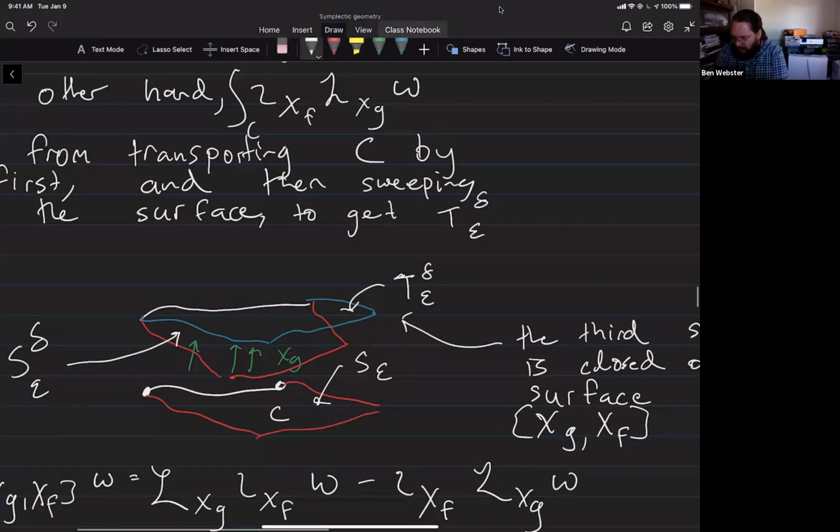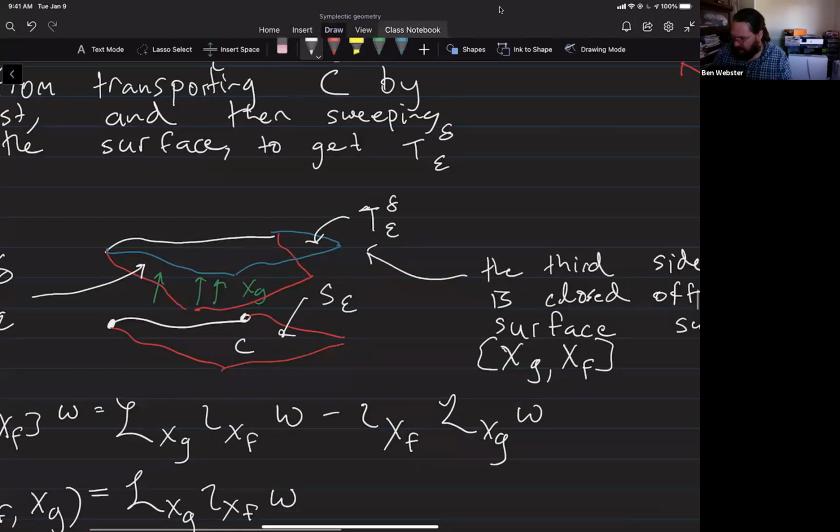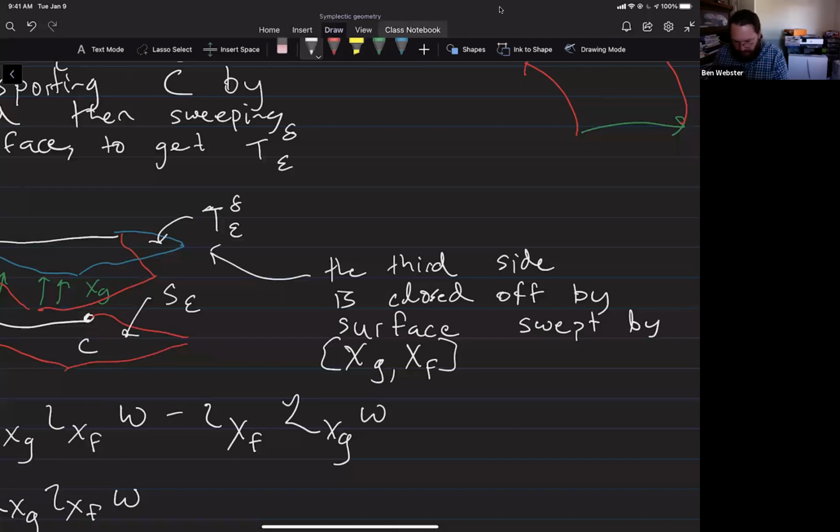As I shorten the time that I've evolved for with respect to both of these, it measures the difference between these two surfaces up on the top. The Lie bracket of xf and xg will exactly point between the two surfaces. Another way to say this is the third side.